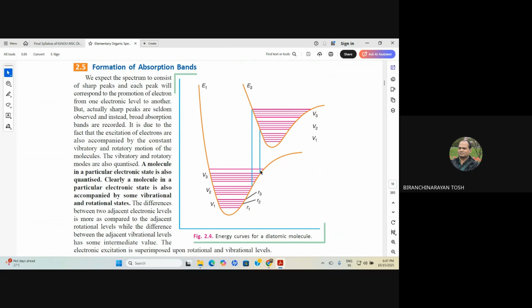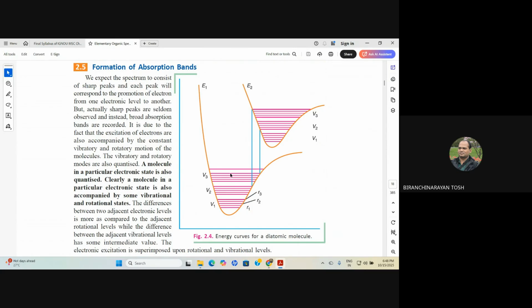Now, energy level diagram means the electron orbitals will overlap and the covalent bond will be formed. So this is the bonding molecular orbital of one diatomic molecule. Now, just imagine a diatomic molecule of higher elements, not hydrogen.